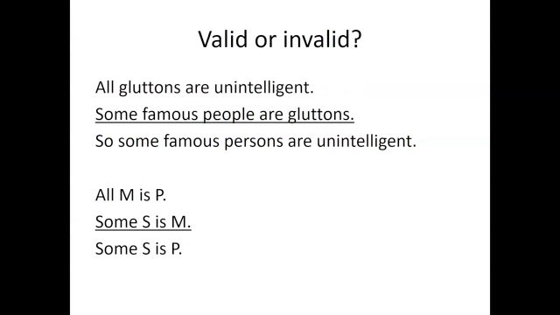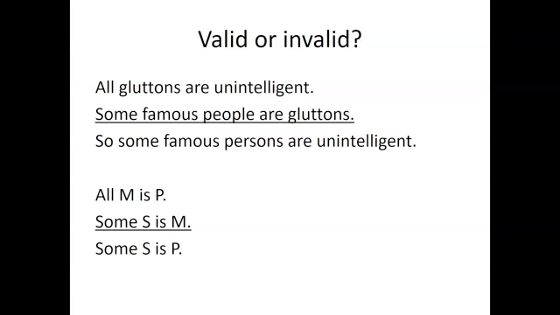All gluttons are unintelligent. Some famous people are gluttons, so some famous people are unintelligent. All M is P, some S is M, therefore some S is P. All right, the first rule again is that there must be an affirmative premise, and there is. All gluttons are unintelligent, right?